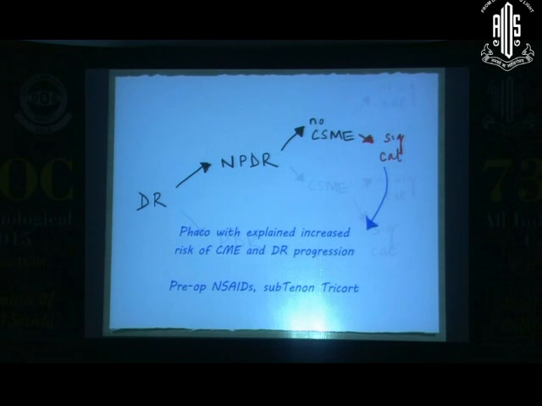Of course, you have to explain to the patient that there is an increased risk of CME vis-a-vis the normal population, with rates in the range of about 40 to 50%. You have a risk of progression of DR. In cases who have severe NPDR, they may progress to PDR. To prevent the occurrence of CME, you can use pre-op NSAIDs, you can use subtenon triamcinolone along with your surgery, but again you have to warn the patient.